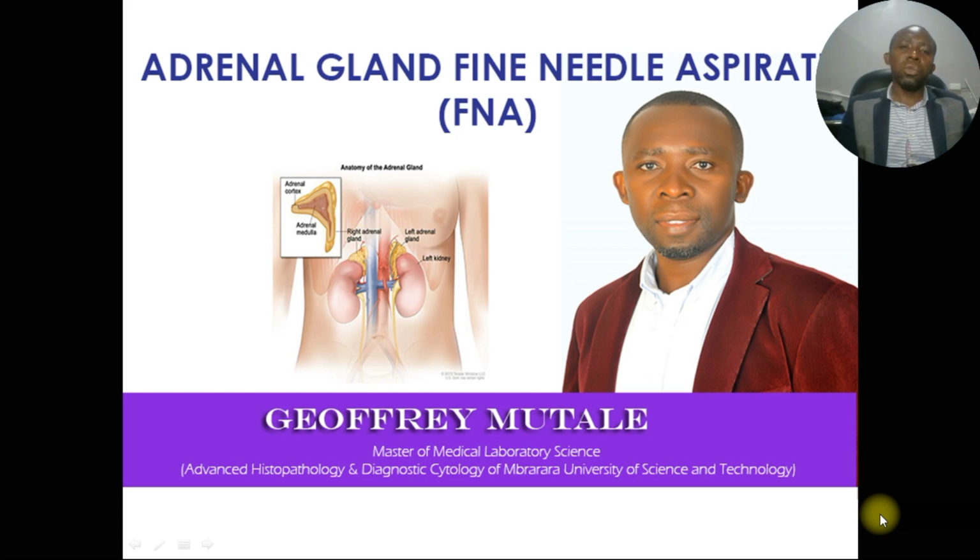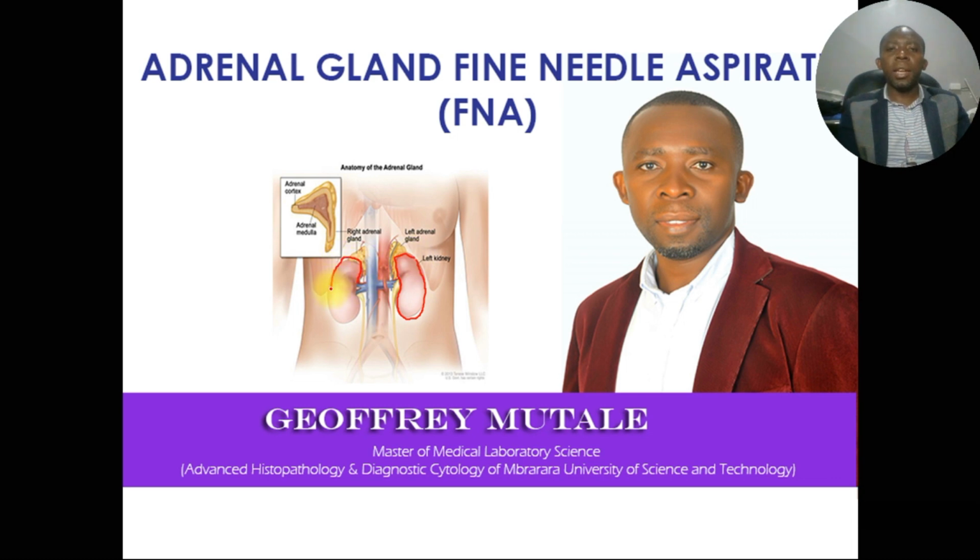So today we are going to look at the adrenal gland, but first we really need to understand what this adrenal gland is and where it is found. The adrenal gland is found on top of the kidney in our body. When we look at this first slide, this is the left kidney, and here is the right kidney.